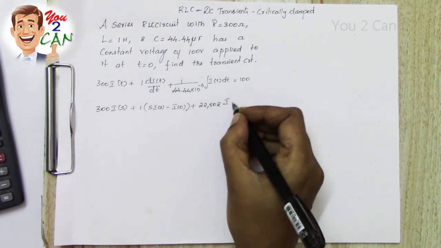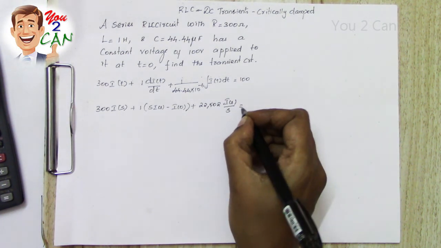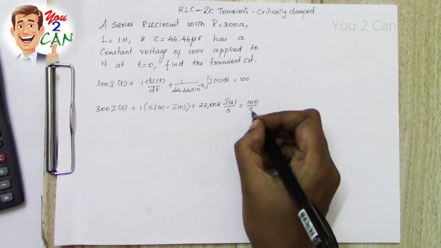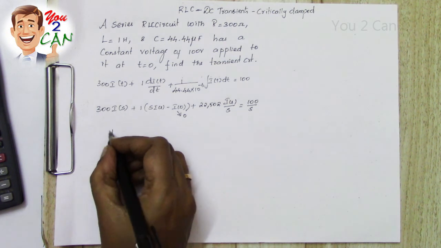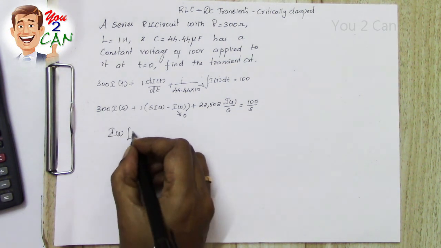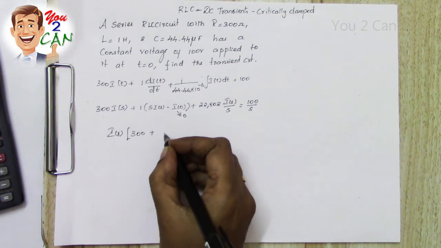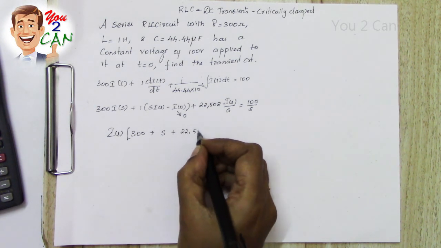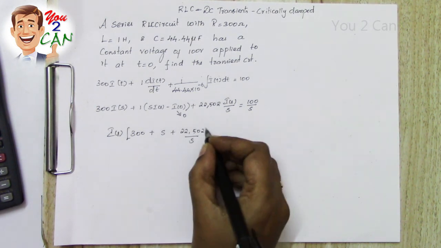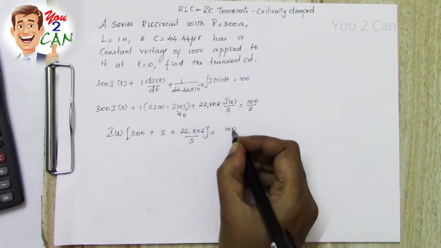Integral of I of t becomes I of s by s, which will be equal to 100 by s. Now the initial conditions are taken as 0, so I of s into (300 plus s plus 22,502 by s) will be equal to 100 by s.